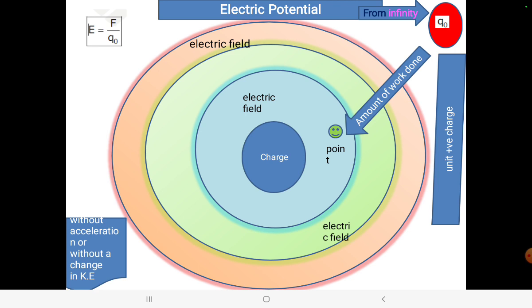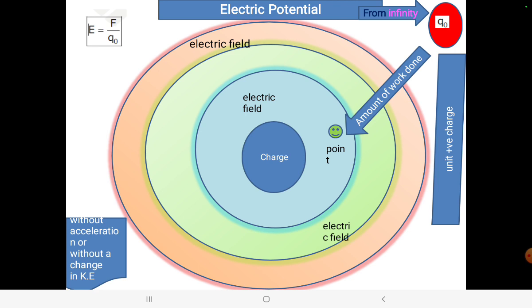So there is a difference in the work done to bring this q naught to the third circle, and the work done to bring the charge into the first circle. That is, bringing q naught to the third circle is case 1, and bringing the q naught charge into circle 1 is case 2.